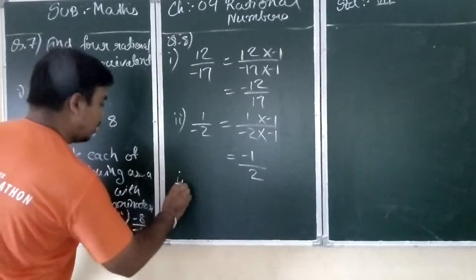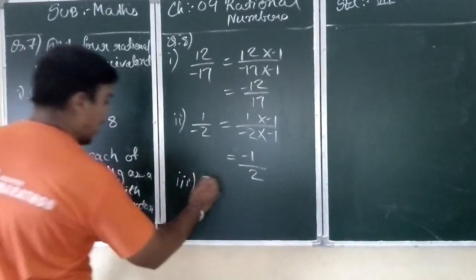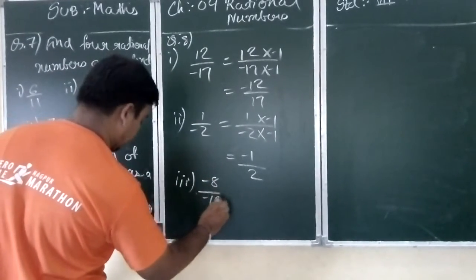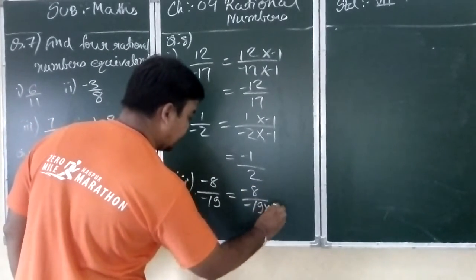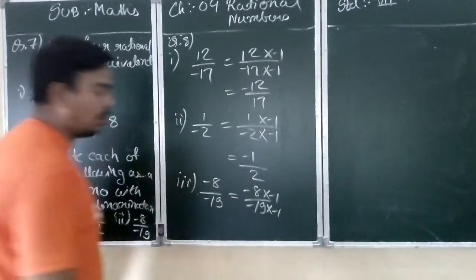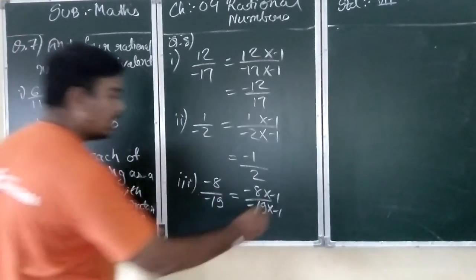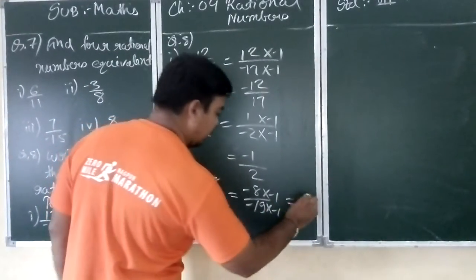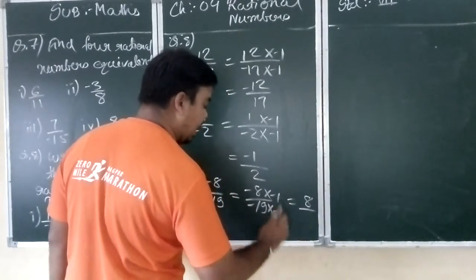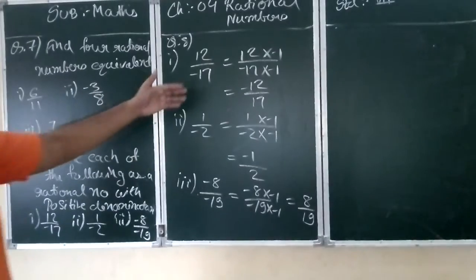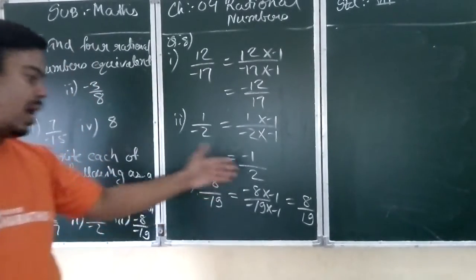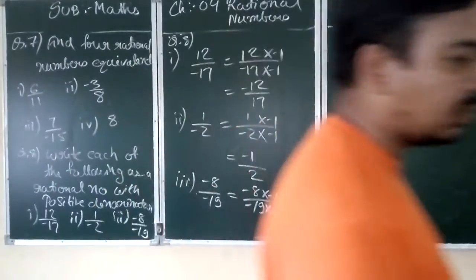Next, minus 8 by minus 19. Again this number is also multiplied by minus 1, both numerator and denominator. So minus 8 into minus 1 is 8, minus 19 into minus 1 is 19. 8 by 19. So minus 12 by 17, minus 1 by 2, 8 by 19. This is our answer.